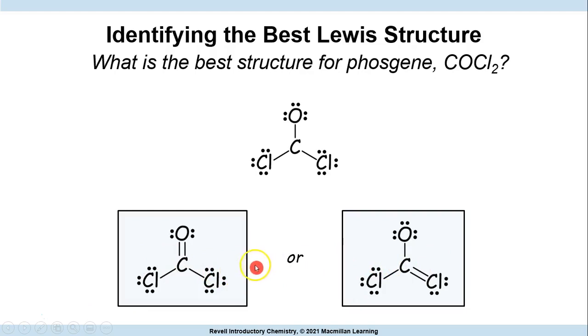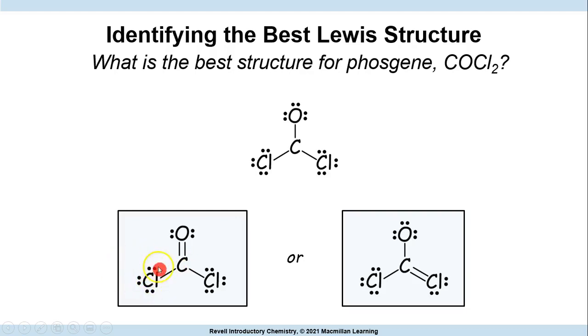Now I'm going to tell you something. When we use formal charges, the structure that is correct is the one that has the lowest formal charge, or the one where the formal charges are zeros everywhere. That is the best structure. So in this case, if you calculate the formal charge for this chlorine, the formal charge is 0.